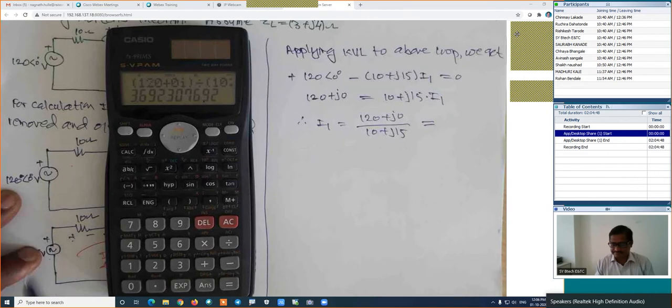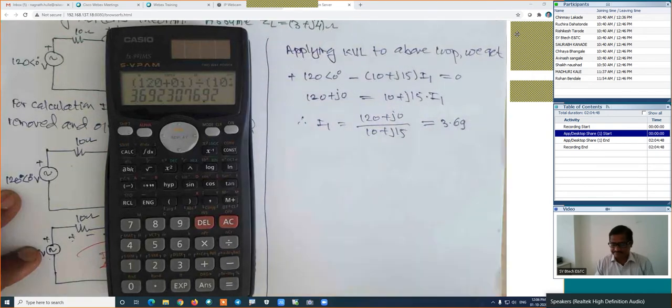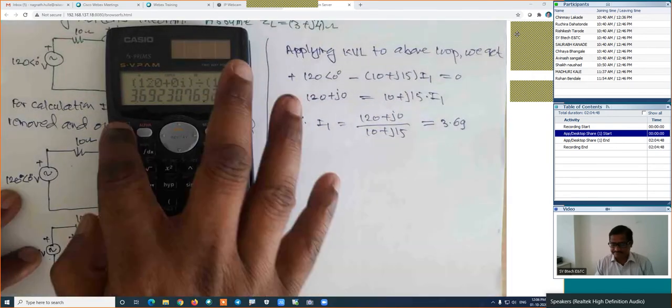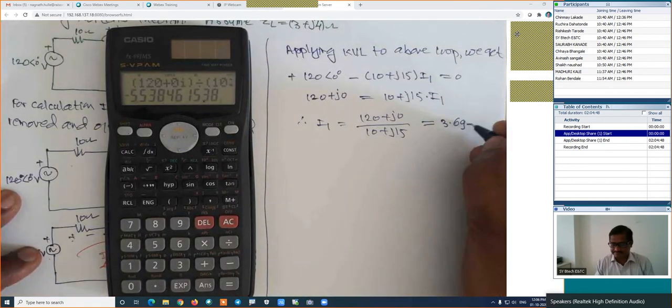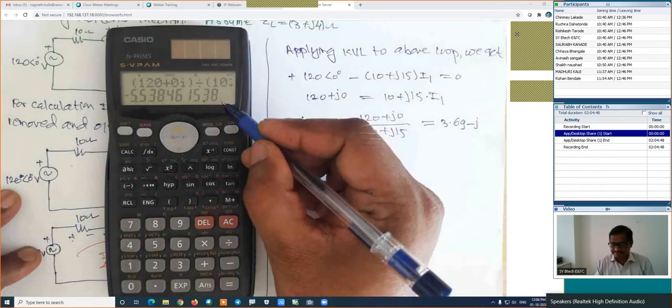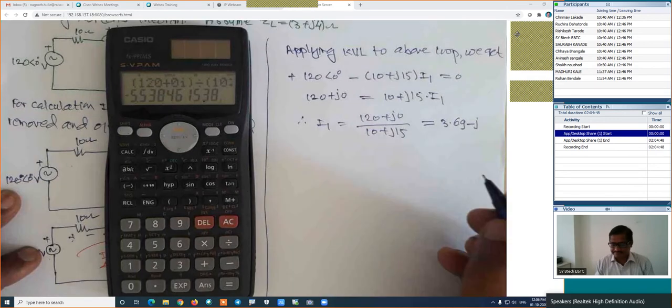The real part is 3.69. Then shift, this is equal to, that is minus J, because here it is i. How much is the value? It is minus J 5.53.